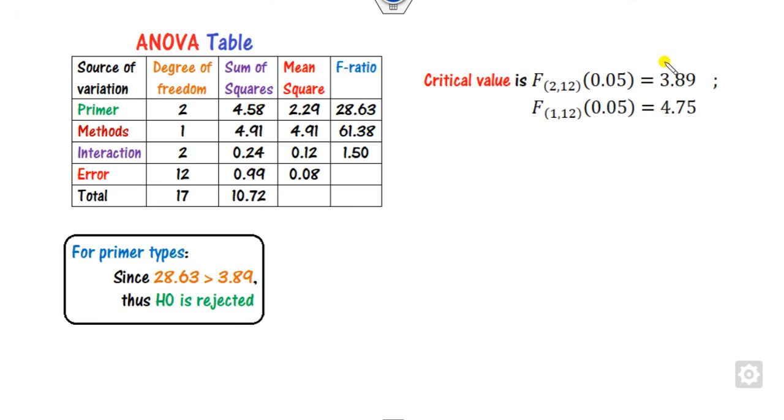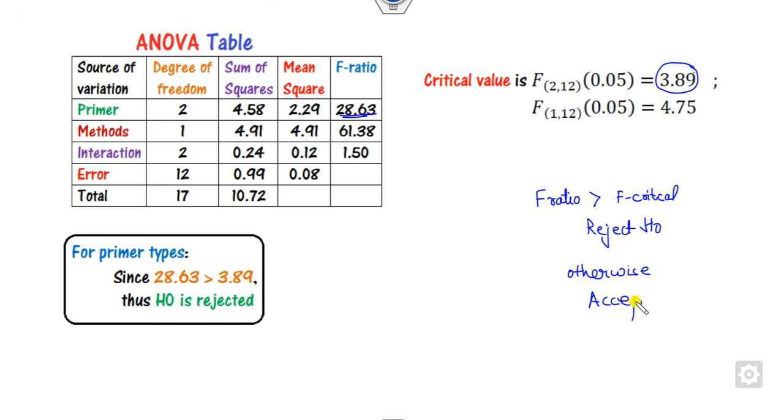Once you get this value, you can compare it with the help of here. Whenever the F ratio is greater than the F critical value, we reject H0. Otherwise, we accept H0. The degree of freedom corresponding to this is 2,12, so the value of 2,12 is 3.86. The F ratio is greater than this, so we reject H0. Same for here. The degree of freedom for this is 1,12.